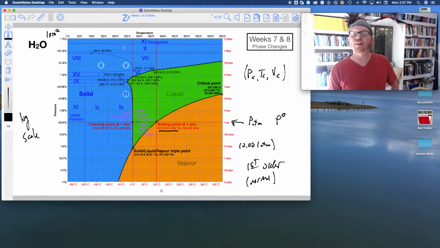All of these solid to solid phase transitions, so for example, the phase transition from this IC solid phase to this XI solid phase, that's called a second order phase transition. And we'll see more examples of that in the coming lectures, okay? So I'm going to switch over to carbon dioxide, but little did you know how complicated water actually is, okay?